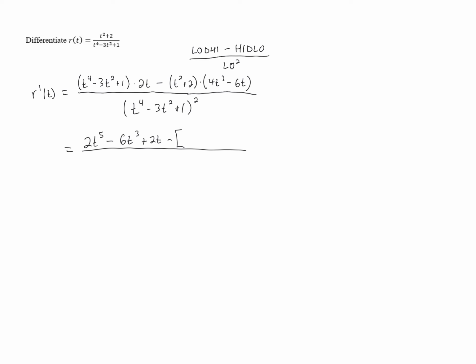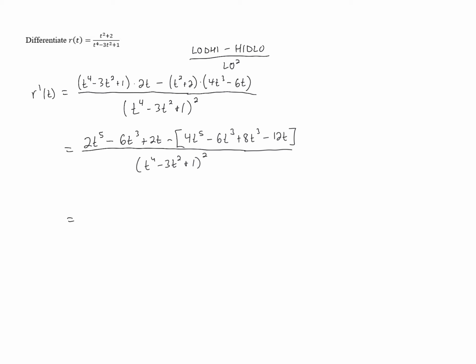So when we multiply the first two terms, that gives us 4t to the fifth, and then the outer terms is going to give us minus 6t cubed. The inner terms, it looks like we're going to get 8t cubed. And then the last terms is going to be minus 12t. And this is all over t to the fourth minus 3t squared plus 1, all squared.